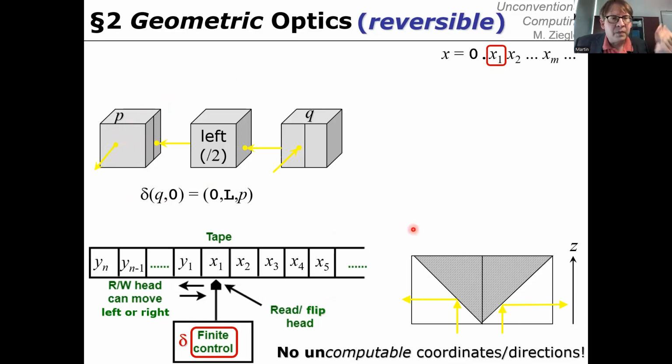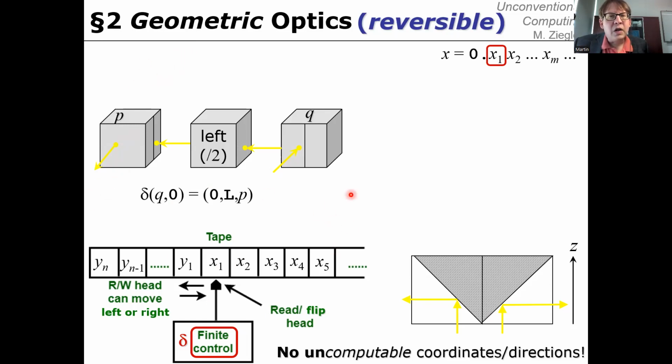So now we have implemented the simulation of one rule of the Turing machine, namely this rule, using these two devices, and then simulating the next rule. If the finite control says delta of P and read bit 0, then this, or if it reads bit 1, then this, and we're going to add other blocks here and here.